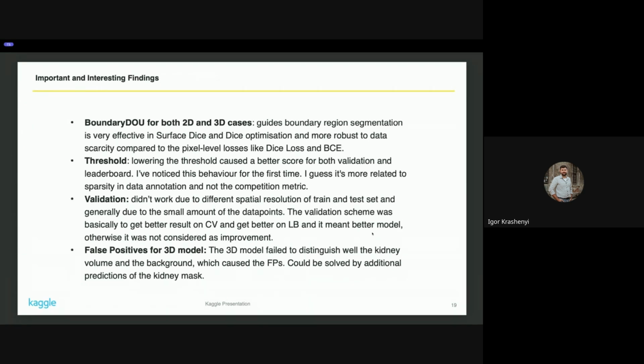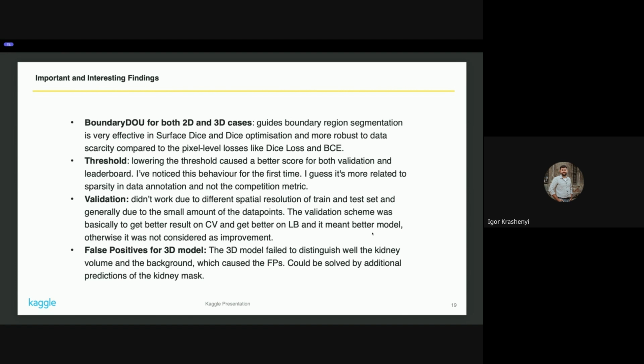Basically, I guess half of the competition I spent on trying to improve the loss with some additions of focal, non-symmetric stuff that could improve the performance for sparsely annotated data.